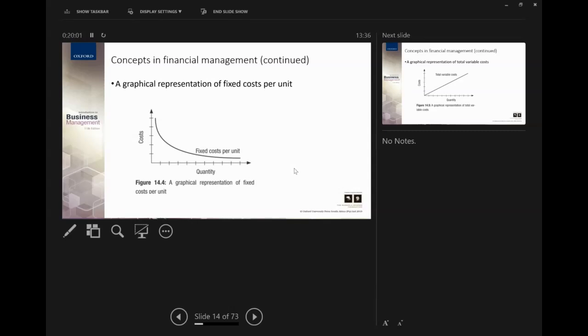As we begin to produce more and more units, can you see our fixed cost per unit is decreasing? Because we're spreading the cost, let's say 10,000, between more units that we have produced and sold. Does that make sense? So if we produce very few units, then obviously our fixed cost is going to be very high. The more we produce, the more we spread that cost across multiple units. Okay, and that's why that line is decreasing.